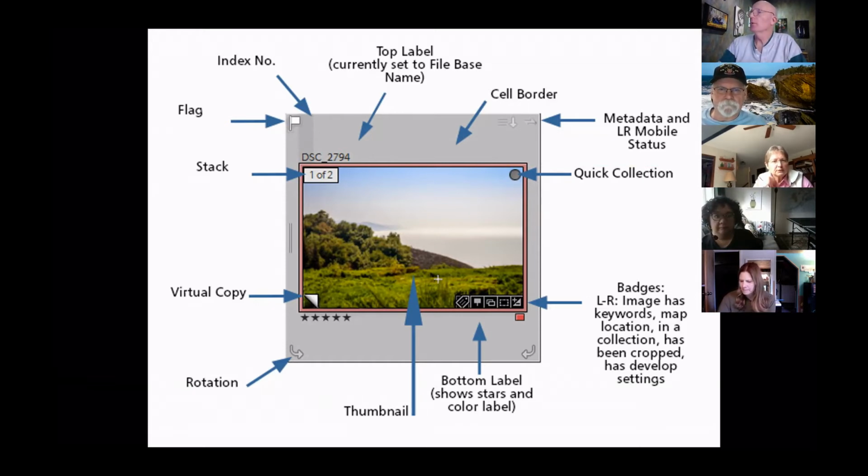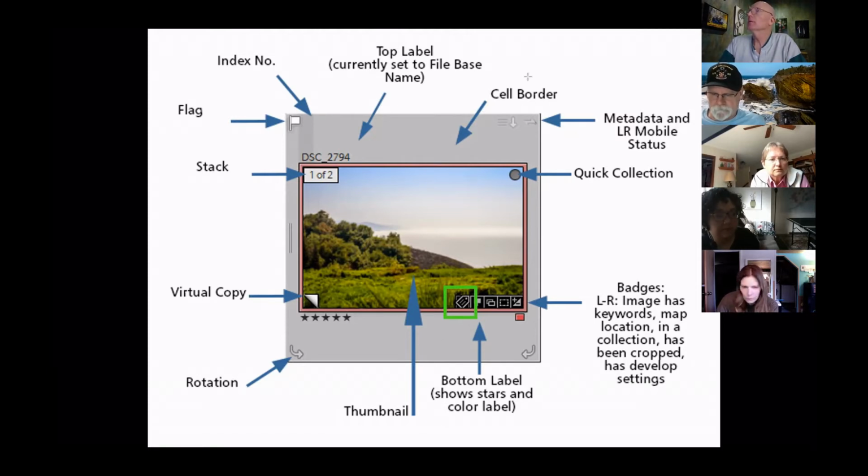Okay, so down here are the badges that apply to a photograph. They allow you to tell at a glance whether you've done anything to the photo and what you have done. They stack up, so there's not a separate space for each. For example, the first symbol, which looks like a little shoe tag, indicates that you have made metadata changes to this photo.